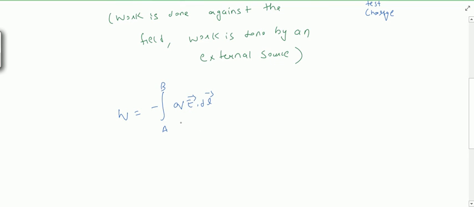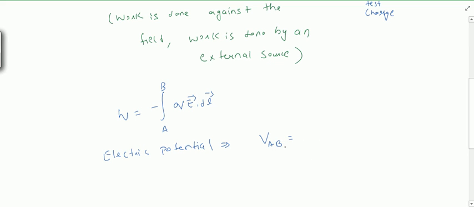Q E dot dl. Now here we define a term called electric potential, and this electric potential VAB. What is VAB? I will tell you.